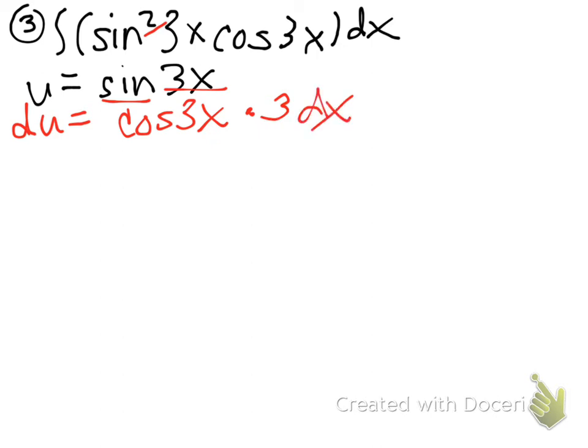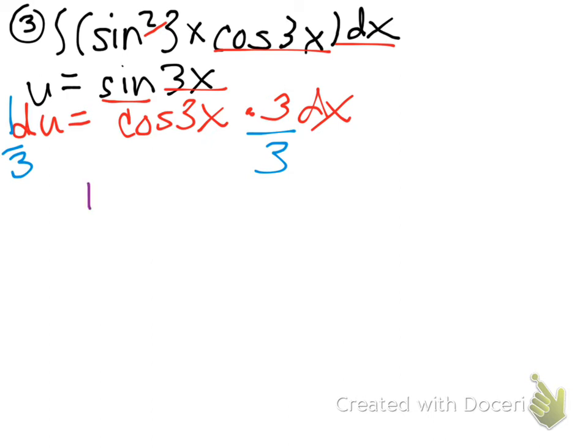I am good with having a cosine 3x and even my dx on the right-hand side. However, there is no 3 in my original problem, so I have to get rid of it. In order to get rid of it, I need to divide both sides by 3. And now it's time for me to rewrite my integral.